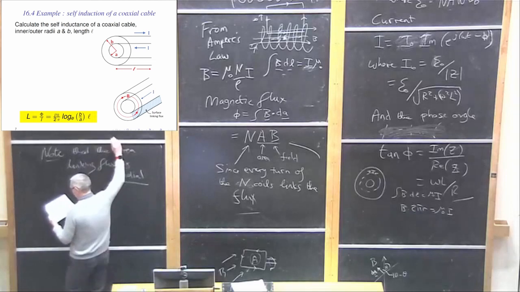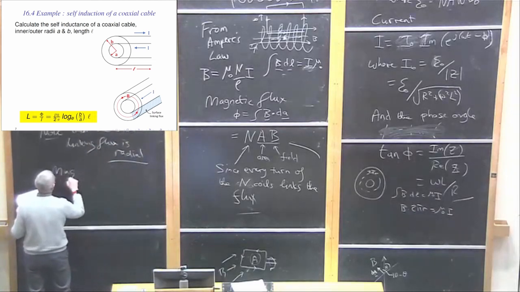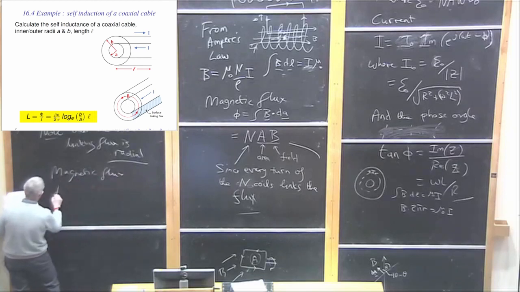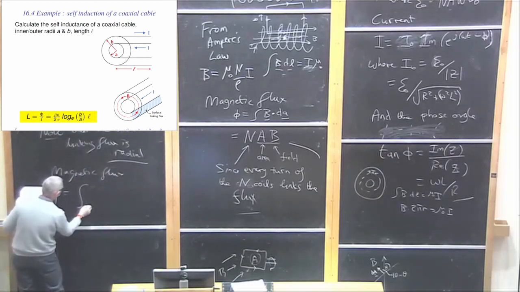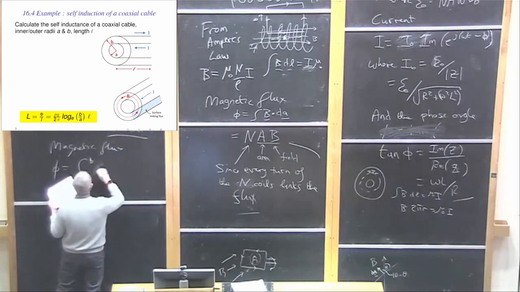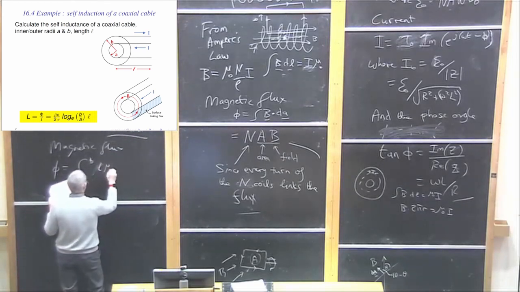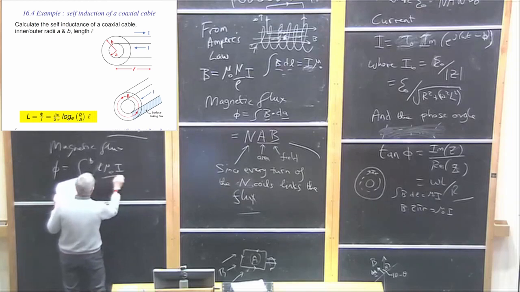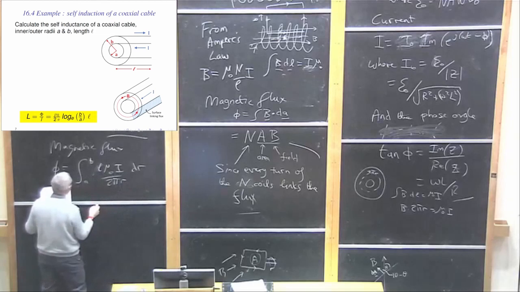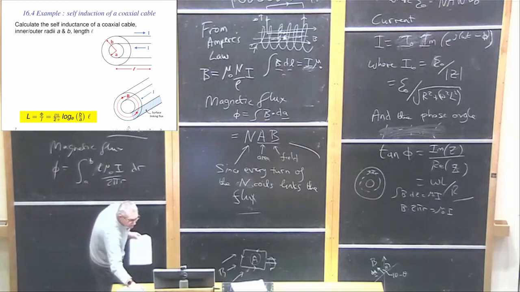And the magnetic flux is given by phi, so I have to integrate from A to B of L mu naught I over 2 pi r dr. This is some length L here.